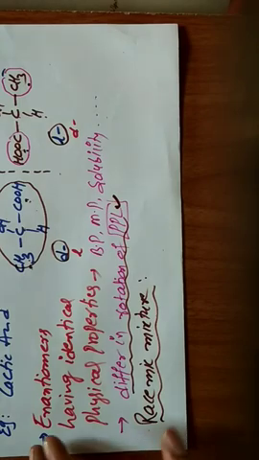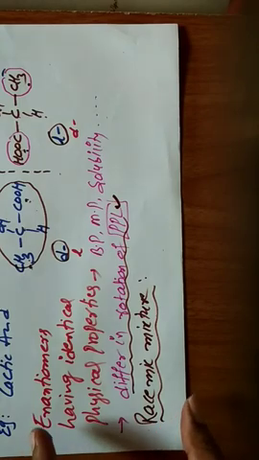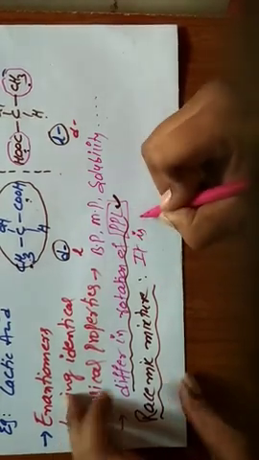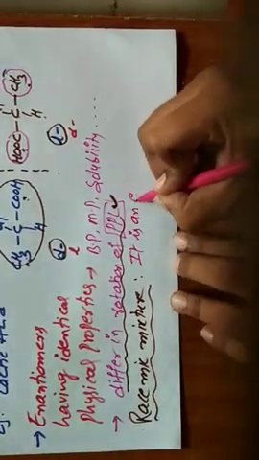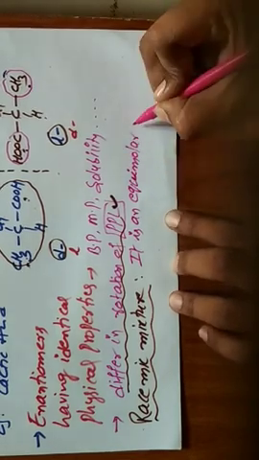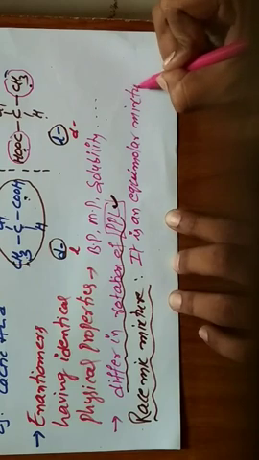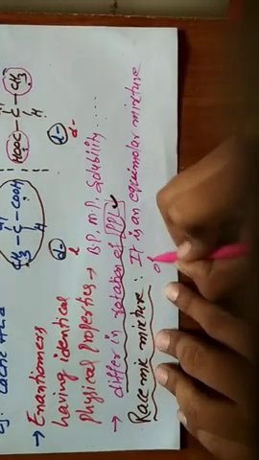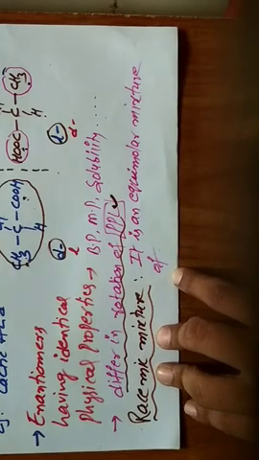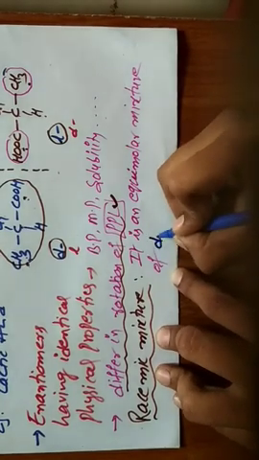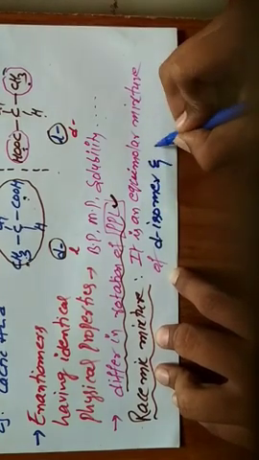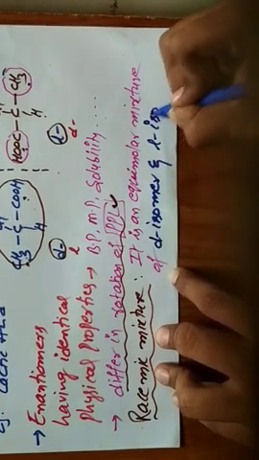Simple definition: it is an equimolar mixture of D isomer and L isomer.